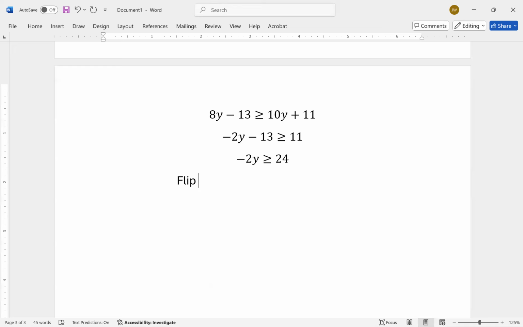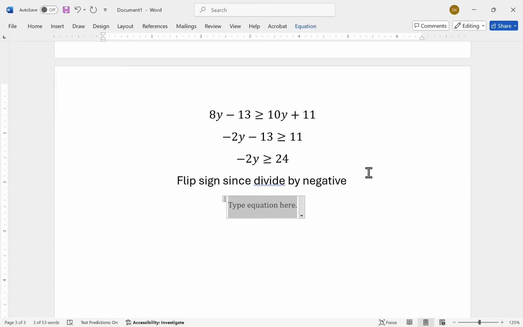And whenever I divide by a negative on both sides of the equation, I have to flip the sign, and that's because we're dividing by a negative. When I divide the left-hand side by negative 2, I get a y. I flip the sign from a greater than or equal to a less than or equal to. And then on the right-hand side, I get a negative 12.